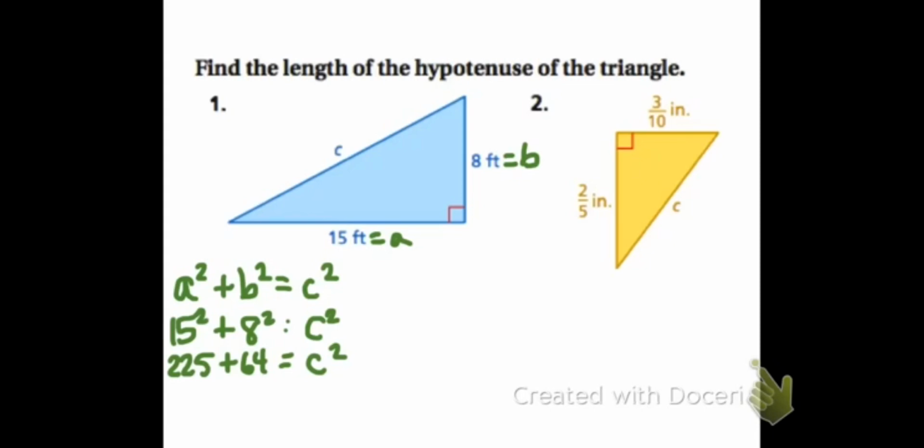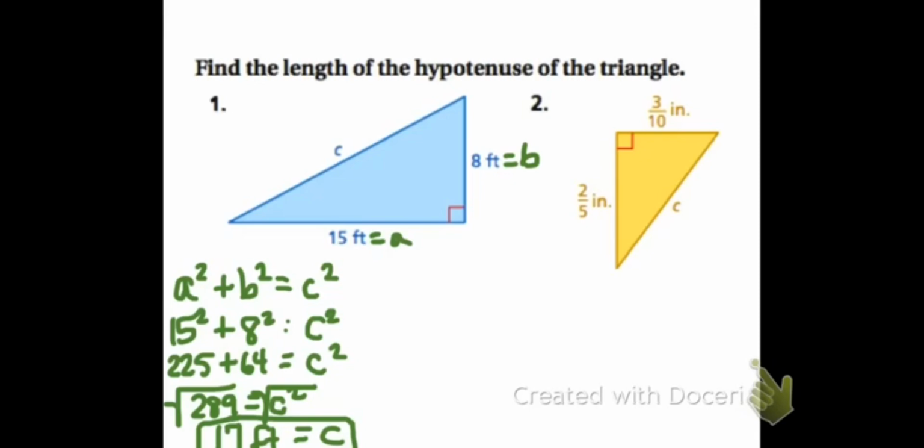So 225 plus 64 is 289. That's equal to the area of the square. So to find the side length, we take the square root of both sides, and we find that 17 feet is equal to c. Don't forget to have your dimension unit. So in this case, we had to have a label of feet.